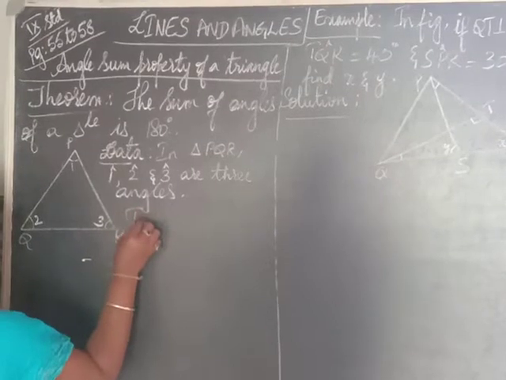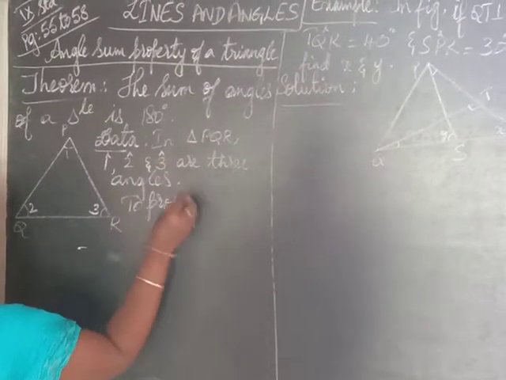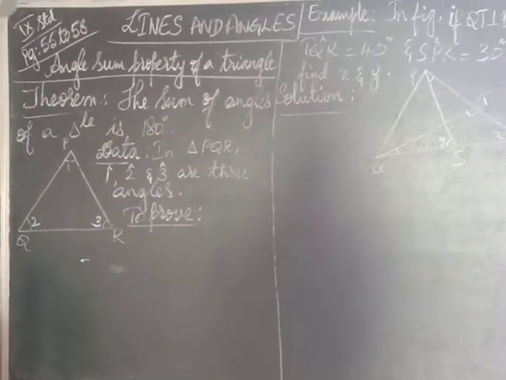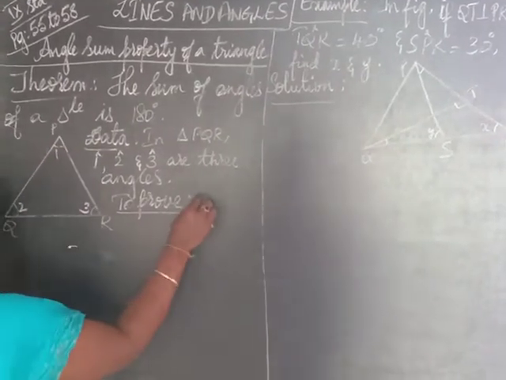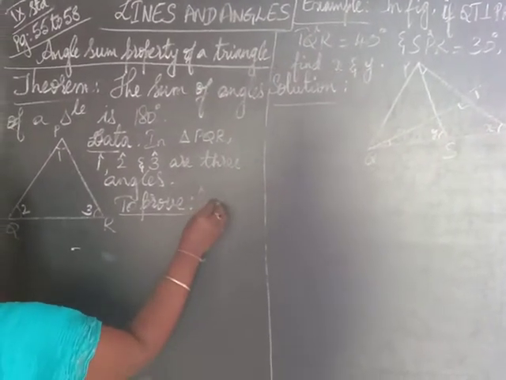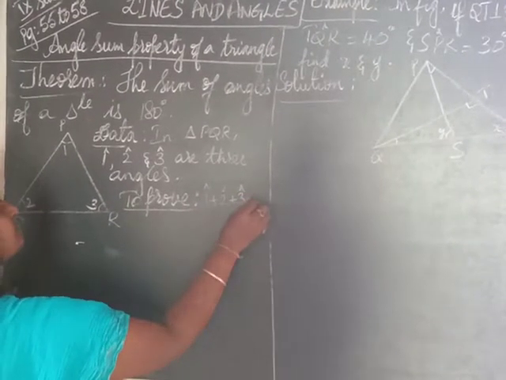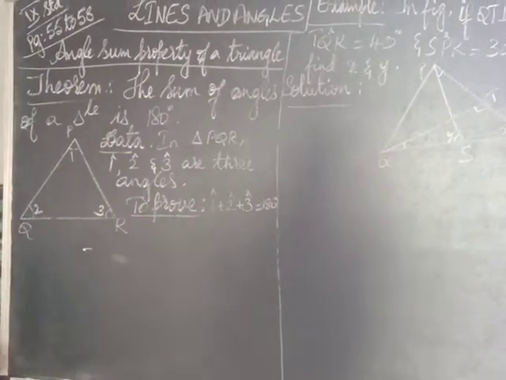To prove. What we have to prove? We have to prove that the sum of angles of a triangle is 180 degrees. The sum of angles means angle 1 plus angle 2 plus angle 3 is equal to how much? 180 degrees. So this is to prove.